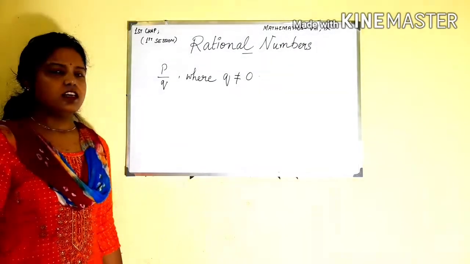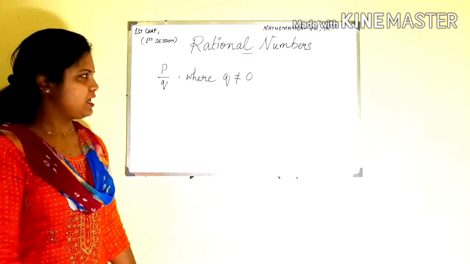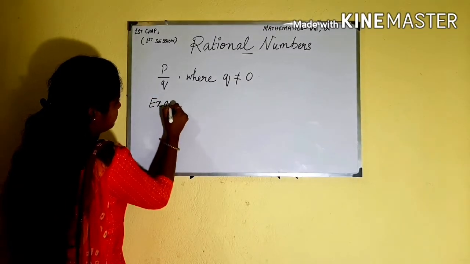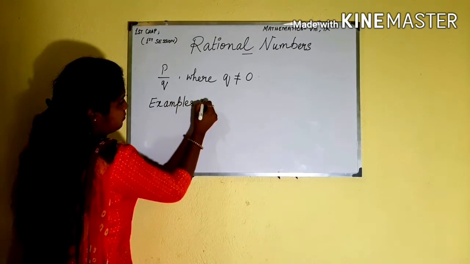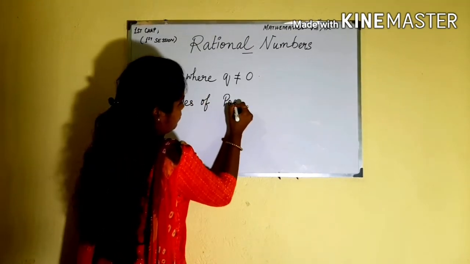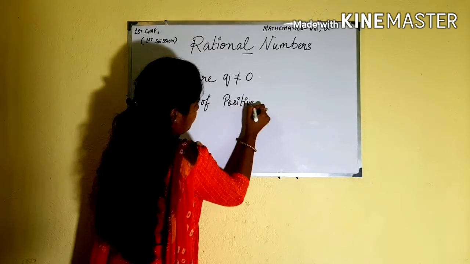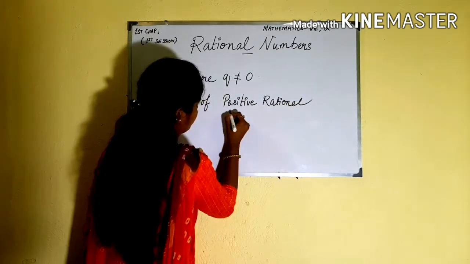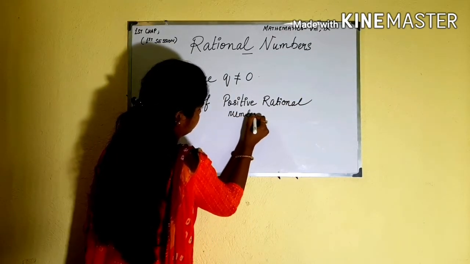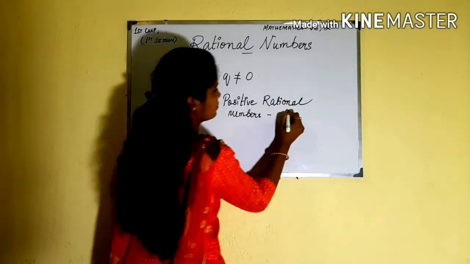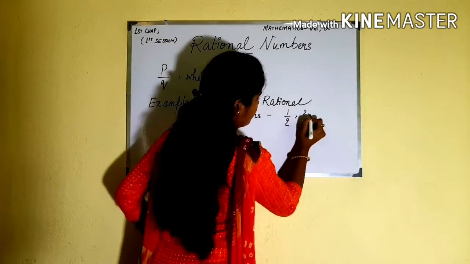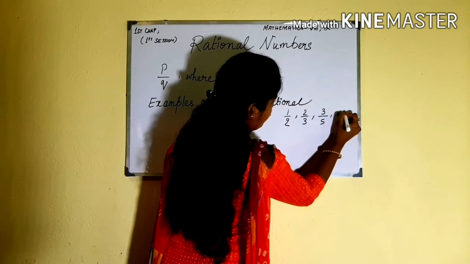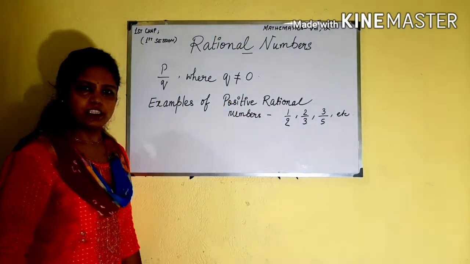So, let us write down some examples of positive rational numbers.